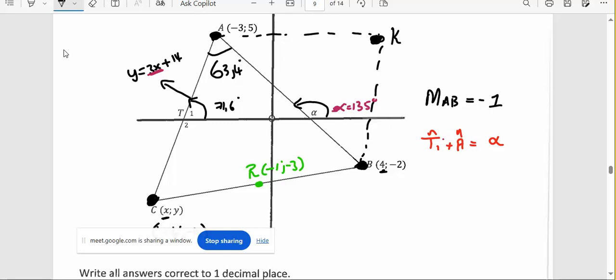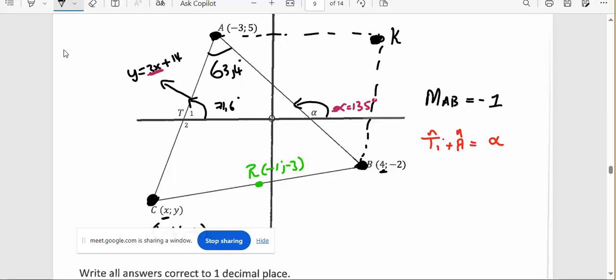Right. Okay. So if we have something like this, remember that we talked about R being the midpoint of AC. So if R is the midpoint of AC, what can I say? Can we say that, where is R?